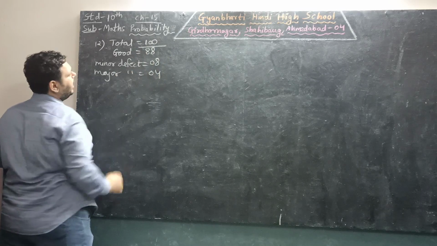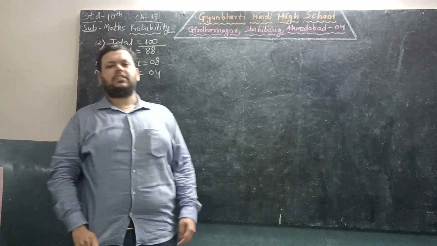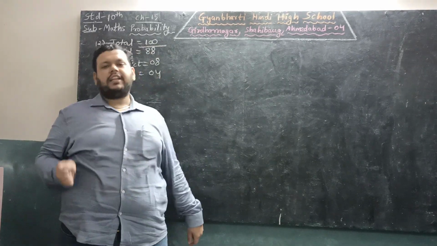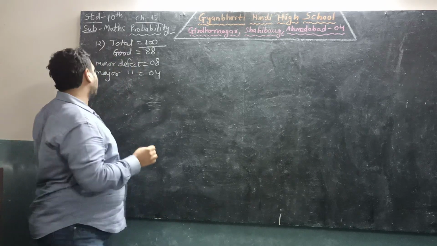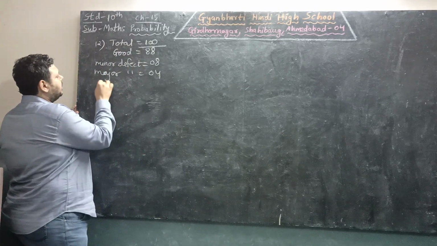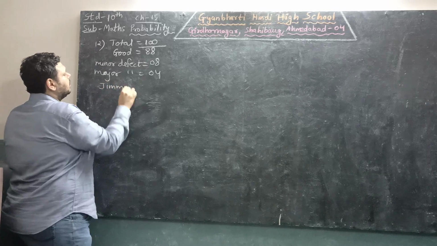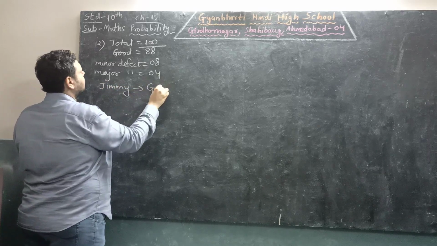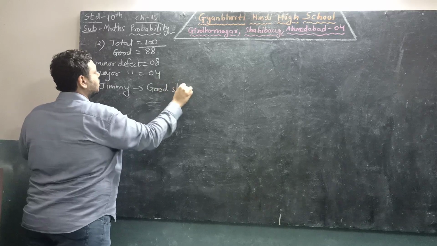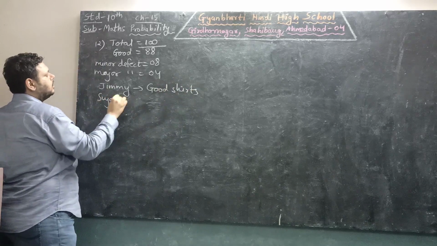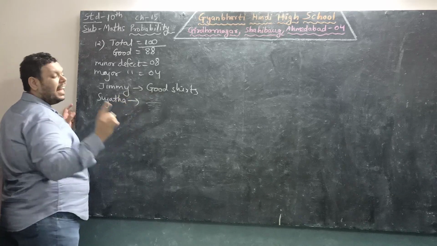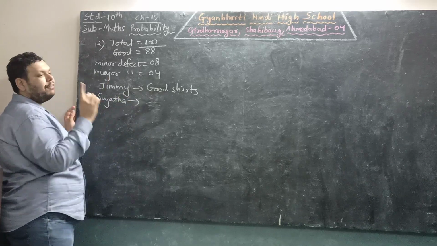So in this way, there are total 100 shirts in a box. There are two traders, first is Jimmy and second is Sujata. Jimmy only accepts good shirts and Sujata will reject the major defective shirts.